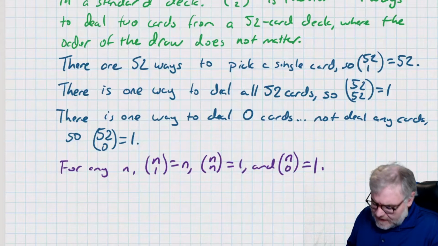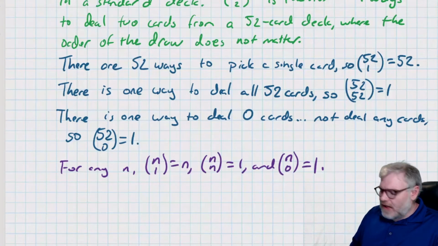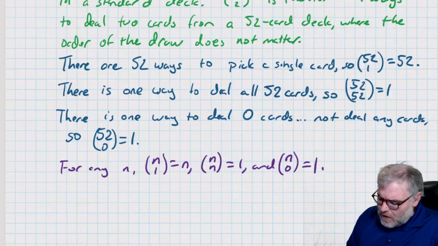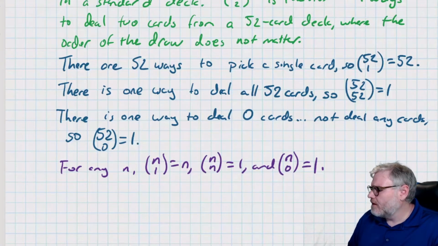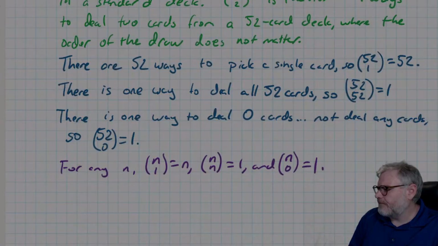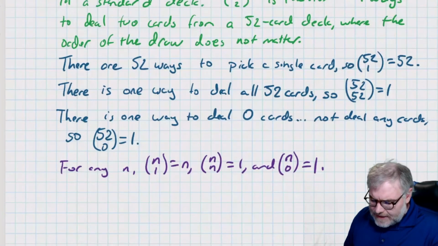We actually only need 2 of these. N choose 1 equals n, n choose n equals 1, and n choose 0 equals 1. Okay, we need n choose 1 and n choose 0 for this little fun game that we're about to play when we prove the power rule. Okay, so let's state what it is we're doing.